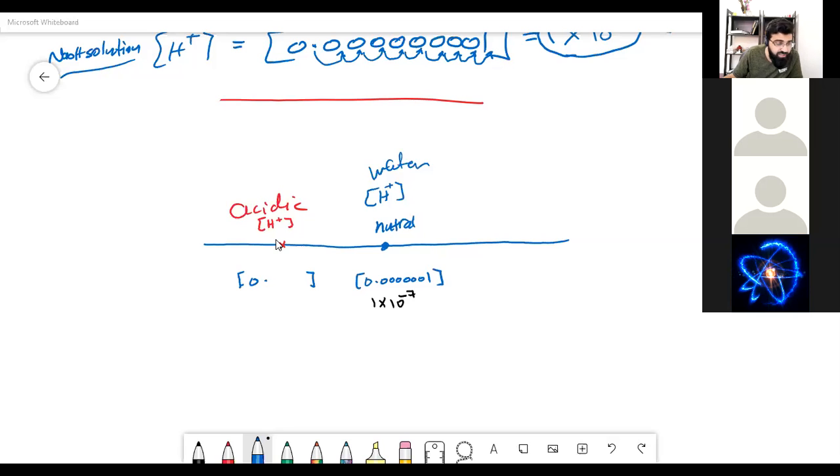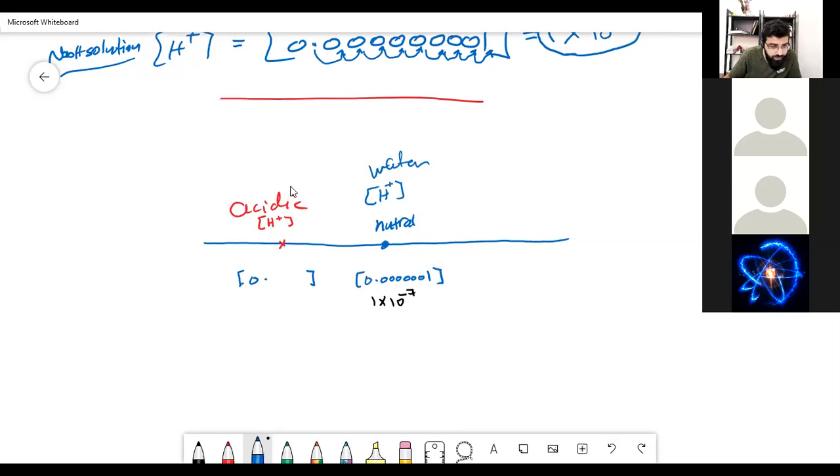Concentration of H plus. Guys, we said in acidic, the concentration of H plus is greater. Remember, the concentration of H plus in the acidic is bigger than in neutral.